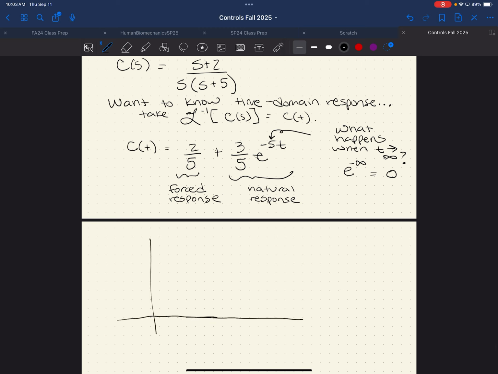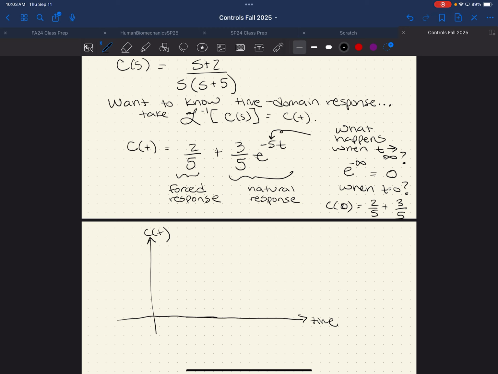Okay, so we have a system. What happens at t equals 0? When t equals 0, e to the 0 is what? 1. So c of 0 is equal to 2/5 plus 3/5.